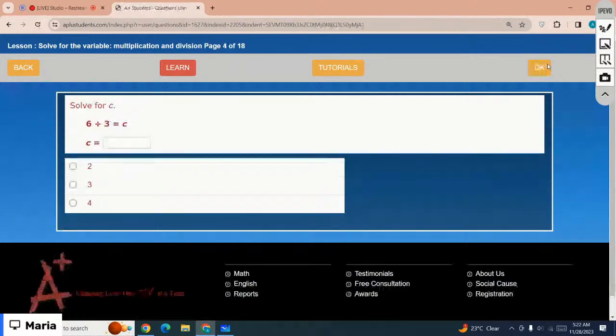Okay, the next one is 6 divided by 3 equals c, which is the correct option. Divide 6 by 3.